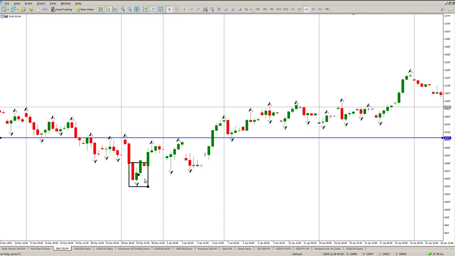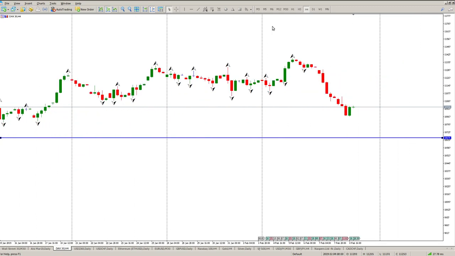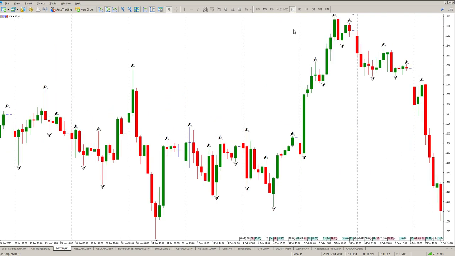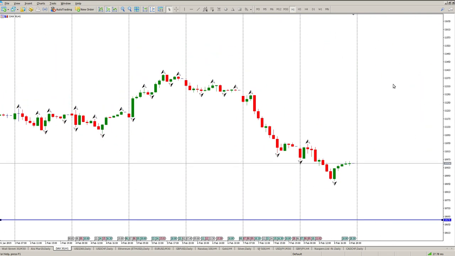Now the important thing about fractals is only the most recent one is the one you need to pay attention to. What do I mean by that? Let's go back, I want to use real, well, potentially live information. Okay, so this is where we closed, right?